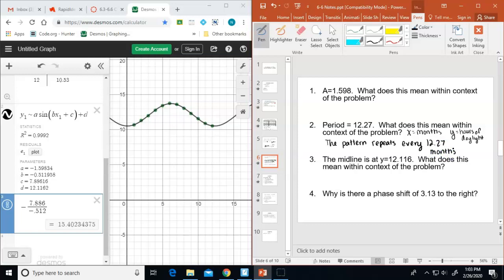Now, knowing what we know about the way the world works, is 12.27 correct? What should it be? It should be exactly 12, right? However, these are from measurements that are taken, so if the measurements were a little bit off, if it was really cloudy one morning and you didn't see the sun come up quite as early, then that would have thrown this off a little bit.